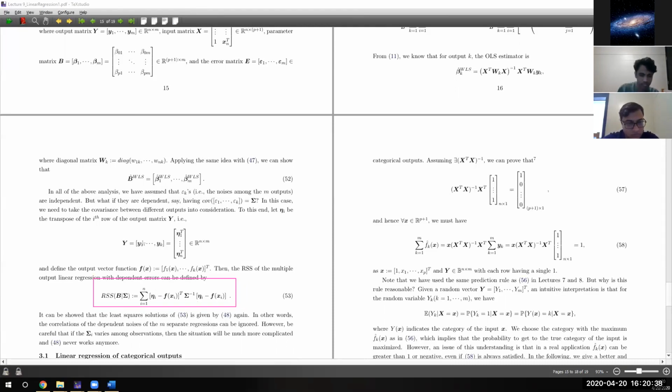So eta_1 means the transpose of the first row of Y minus f(x_i). f(x_i) means the ith output, the estimated output. This times this times this. Remember where you saw this one before? Normal distribution, multiple normal distribution. So it's very common that we use this definition. And similarly, we can do some calculations.